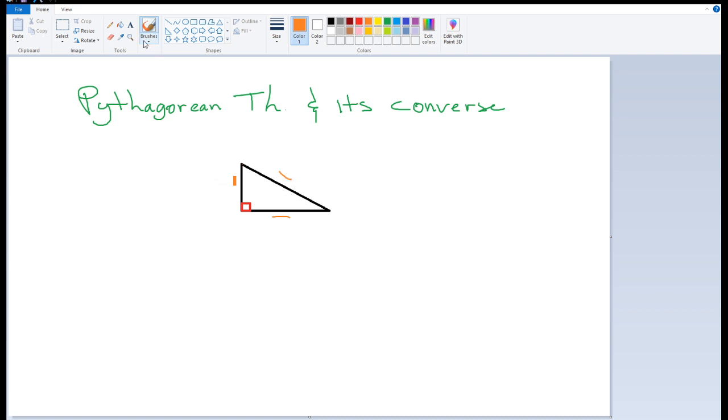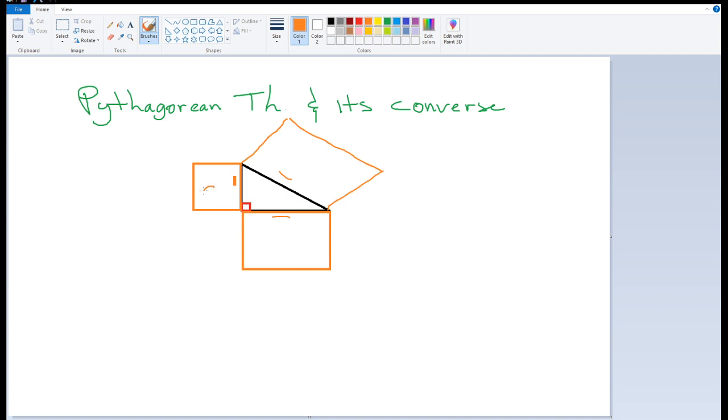What this says is: if I have one leg, and I construct a square on that leg and add it to the square constructed on the other leg, then that sum will equal the square built on the hypotenuse on this side.